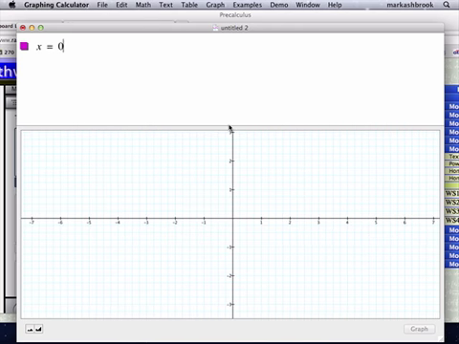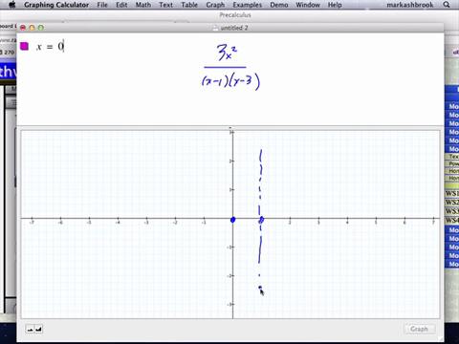What was it again? 3x squared, x minus 3. Roots were 0. Asymptotes, 1 and 3. So undefined there. Asymptote at 1, asymptote at 3. End behavior.